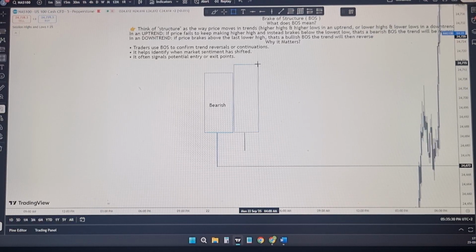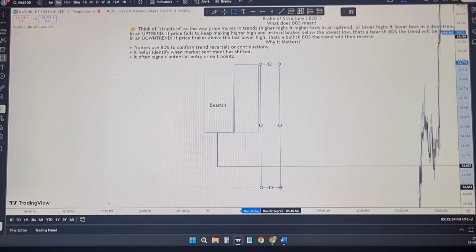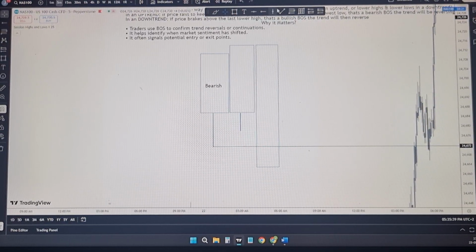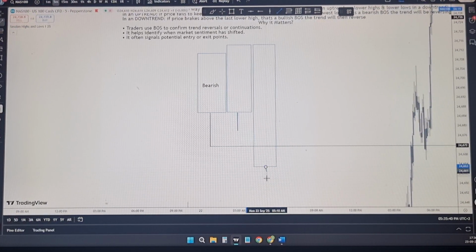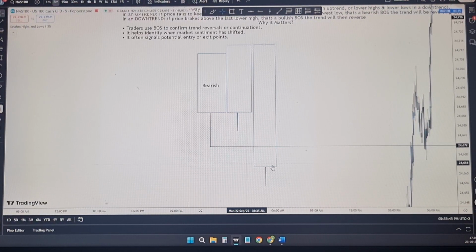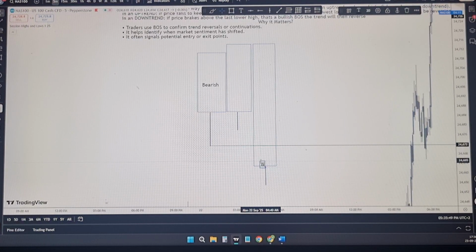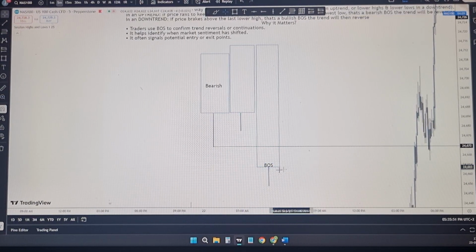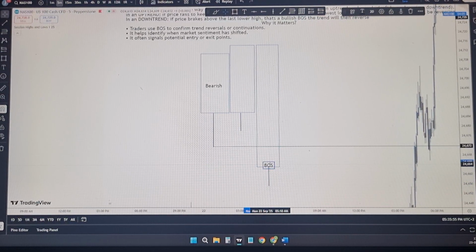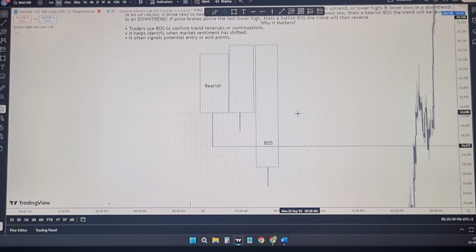Then we get a candle that closes below this low, meaning it's a break of structure. So that's the break of structure.